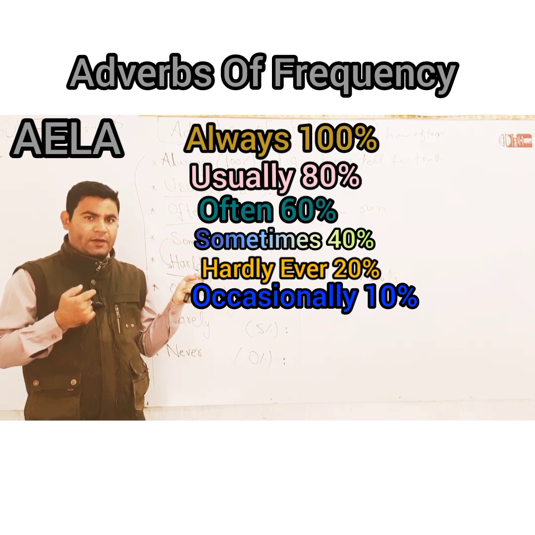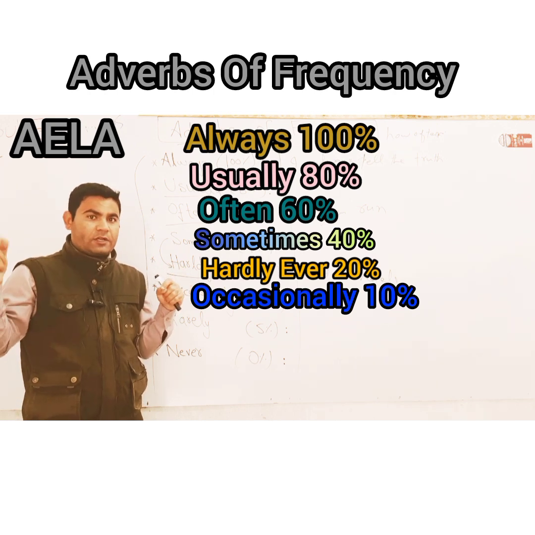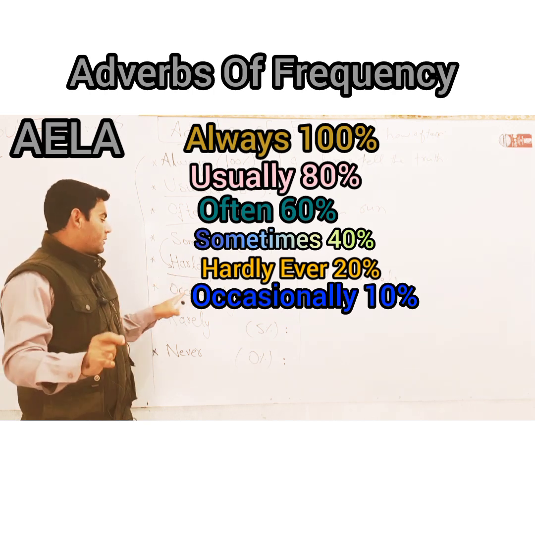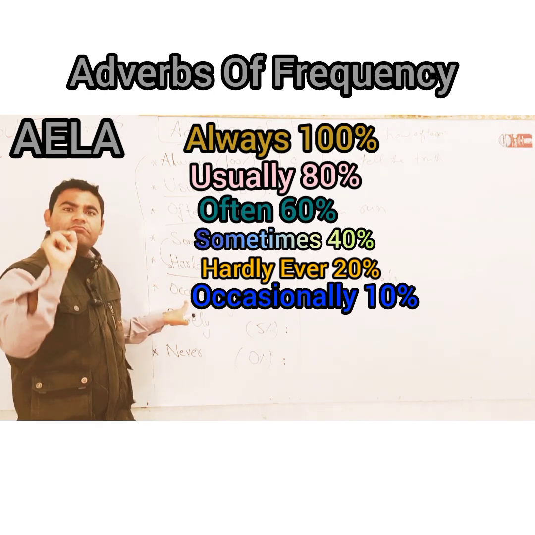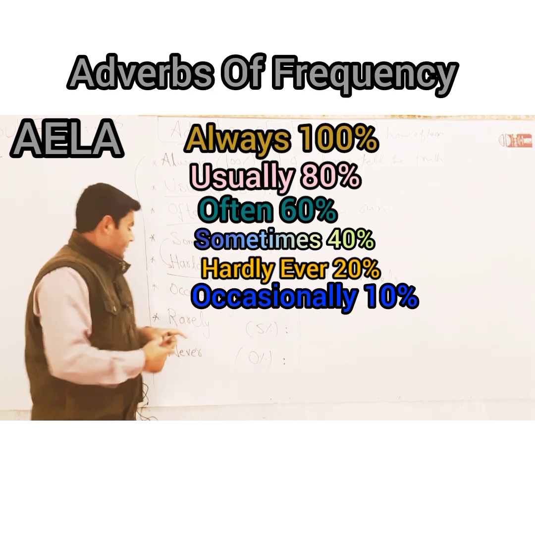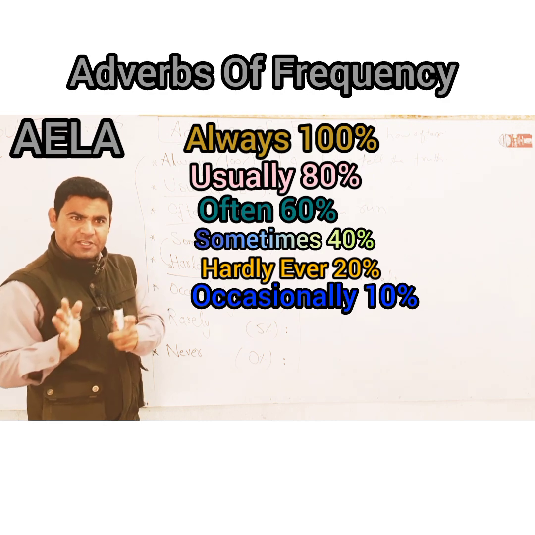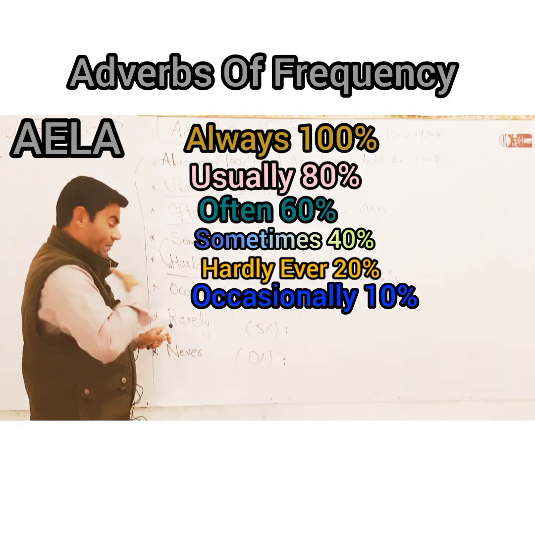Sorry, I went in 2022 and I'll go in 2023. So occasionally means that you do something once a year. I'm homesick, so I occasionally go out of my city.